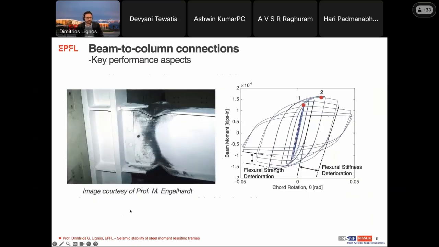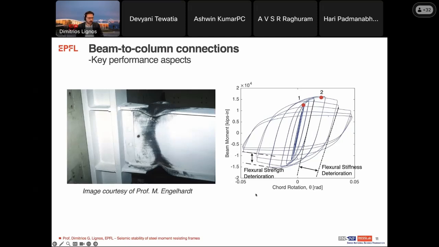Now, as I said, when you're looking into connections, they will typically be controlled by a dissipative zone that will form near the column face here that you see an example from previous test.